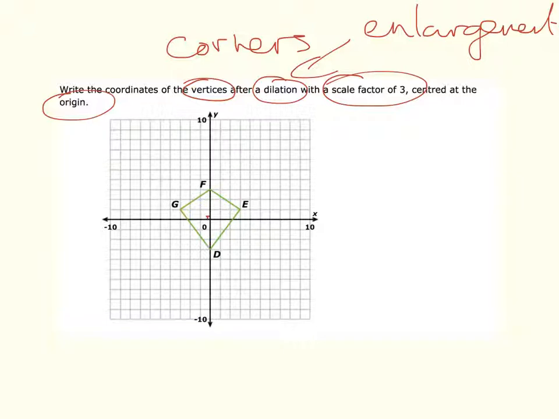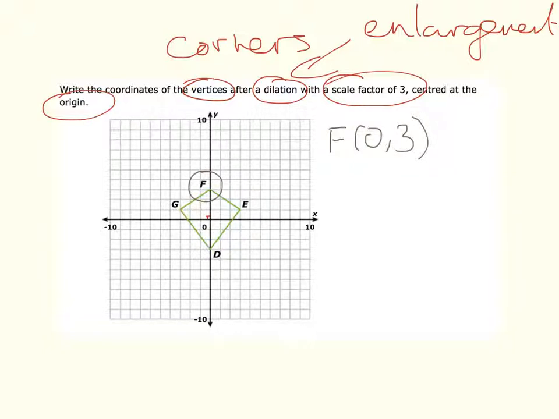Let's take F here. So F is currently at 0, 3. Now if it's got a scale factor of 3, that means it's being increased in size by 3.